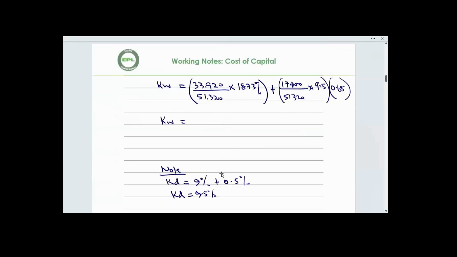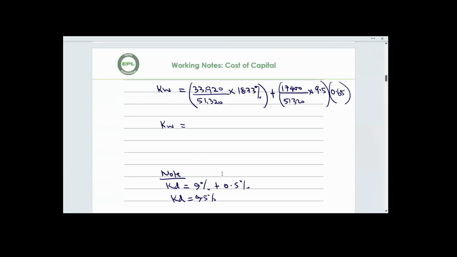What's the value for our WACC? Let's do it step by step. From the left, 18.73 multiplied by 33,920, then divided by 51,320 equals 12.38%.